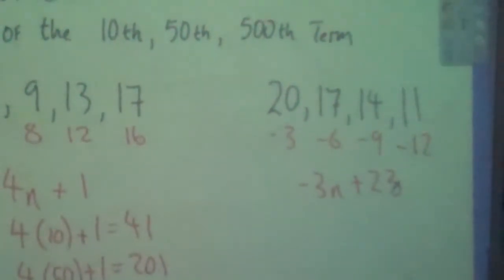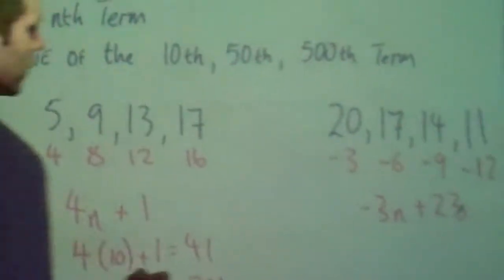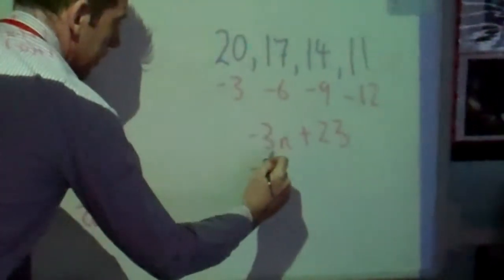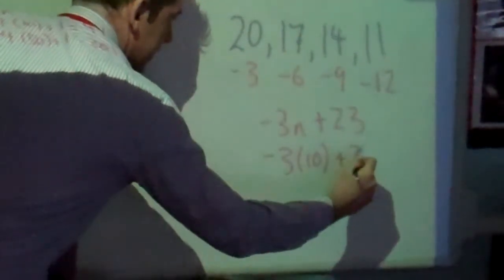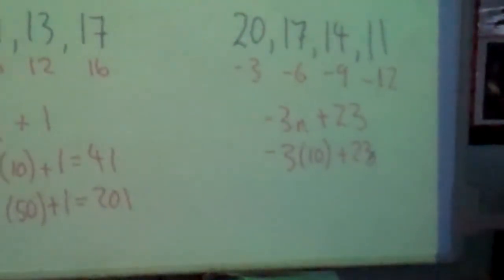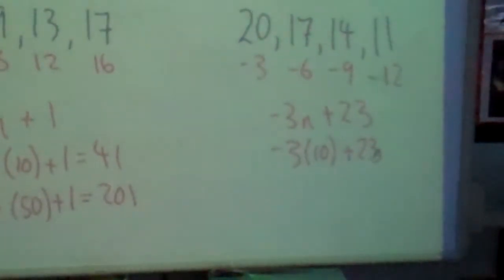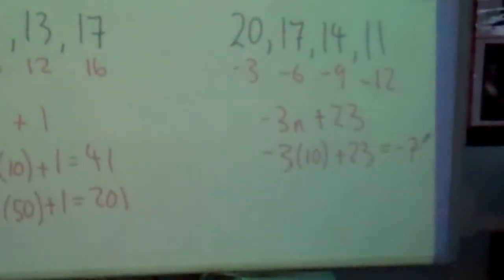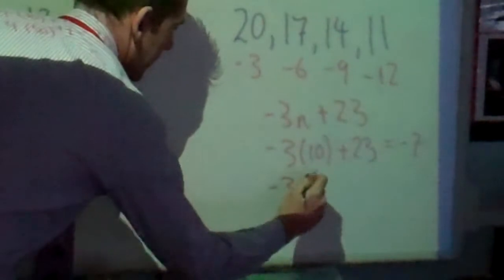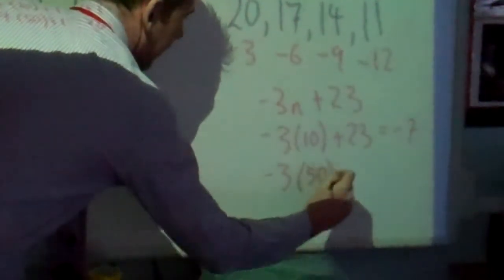Again, very similar to what we've done previously. To find the value of the 10th term of the sequence, it's minus 3 times 10 plus 23. So minus 3 times 10 is minus 30, plus 23 is minus 7. For the next one, we're looking at minus 3 times 50 plus 23.